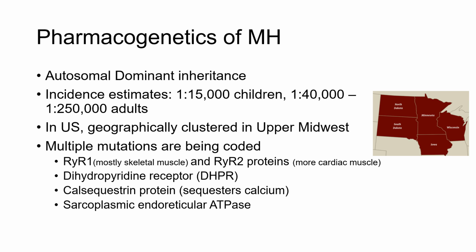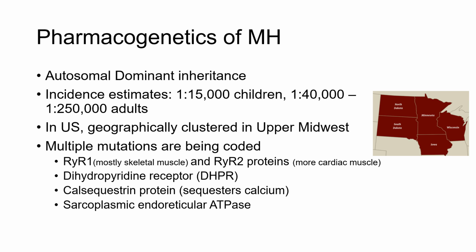So I'd like to discuss the pharmacogenetics of malignant hyperthermia. It is inherited in an autosomal dominant pattern with reduced penetrance and variable expression. It is a spectrum of diseases. There are ryanodine receptors in skeletal muscle, the RYR1 protein, and cardiac muscle, RYR2 proteins, with RYR1 being most commonly associated with malignant hyperthermia.